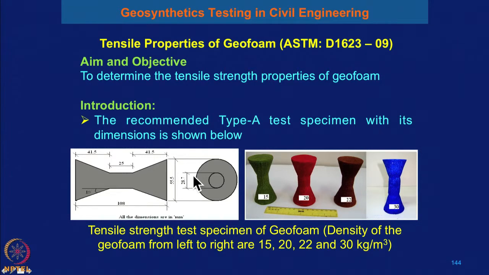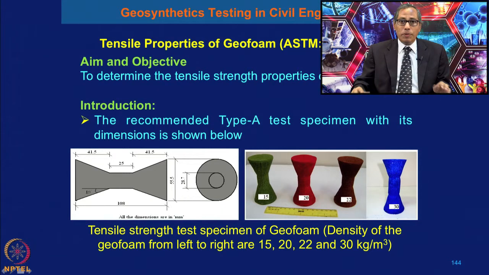So, this is the tensile strain test specimen of geoform, a dumbbell shape of the EPS geoform material, and the preparation of the dumbbell shape of EPS geoform material is complex.